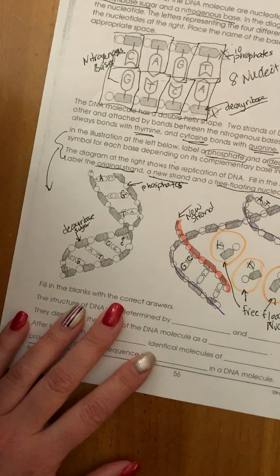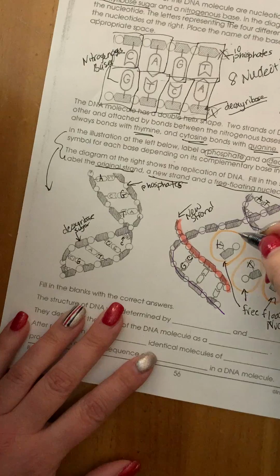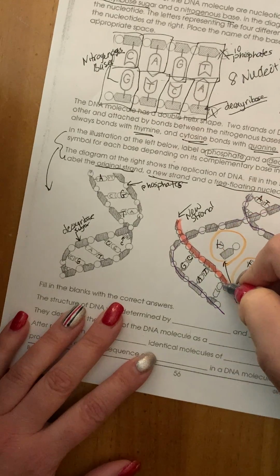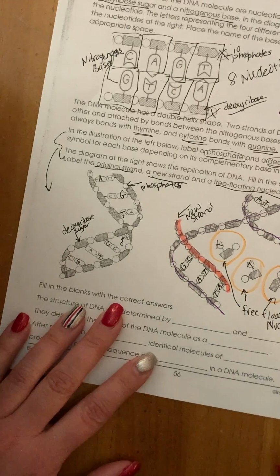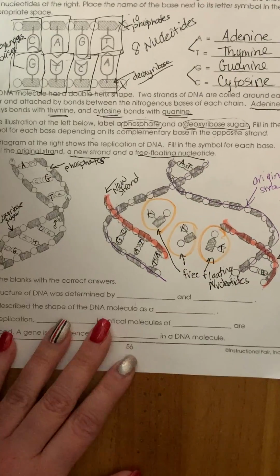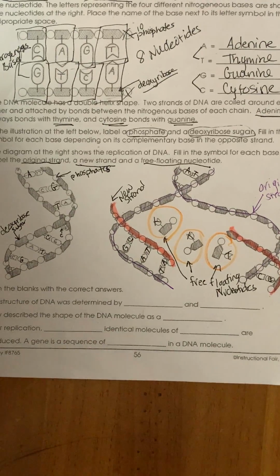Then that would be a C, kind of looks like an inward part. The one that we said was an arrow was A and T, and this is the flip-flop of that. Okay, so T and A. And over here, we have the full circle again, which is G, G, and can you see that? G and C. I think that's all we can see. All right, so that's how you label that diagram.